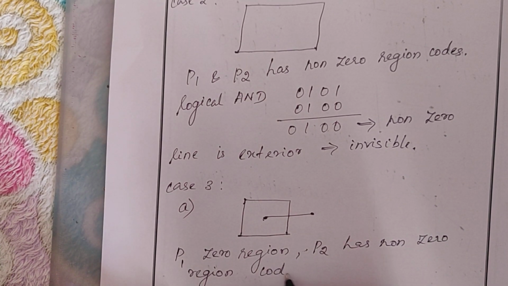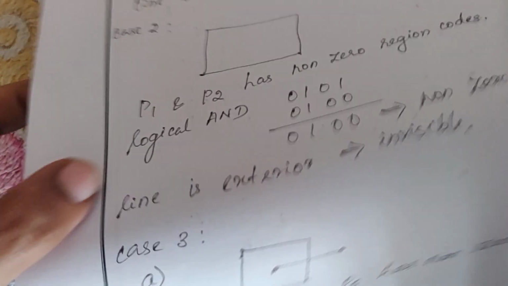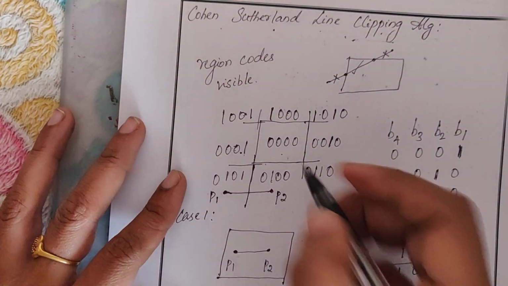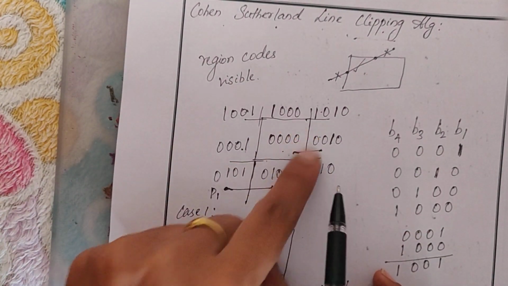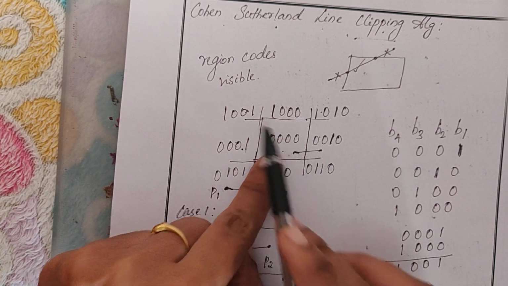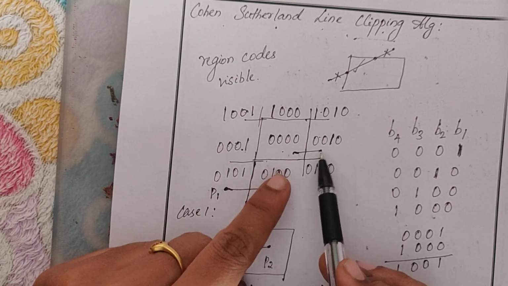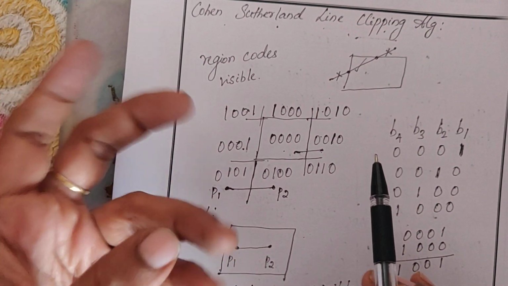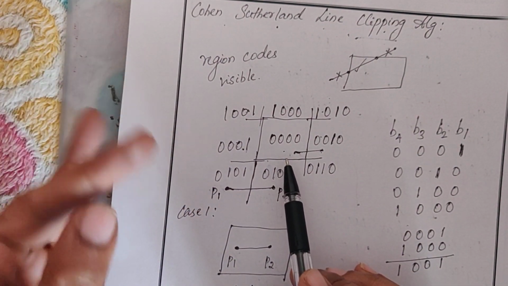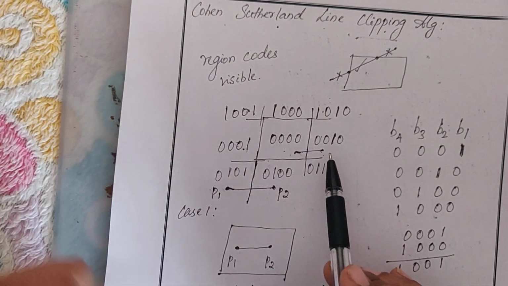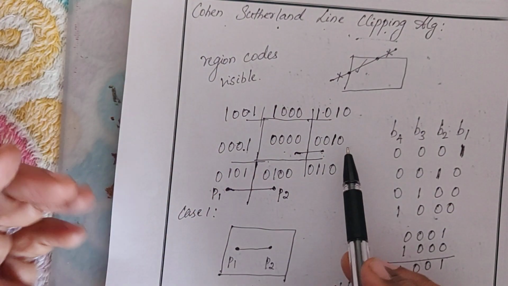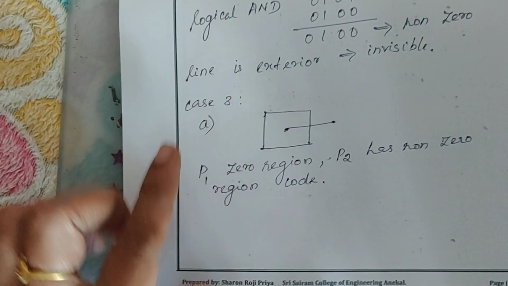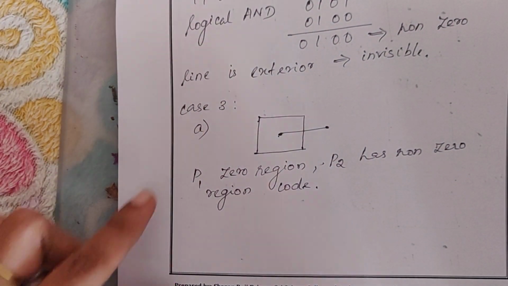Something like this. You can check, only inside the clipping window I'll have 0 region code, everywhere else non-zero. That is, if one point has a 0 region code and another has non-zero, one endpoint lies inside the clipping window and the other lies outside. This is case 3, A case.